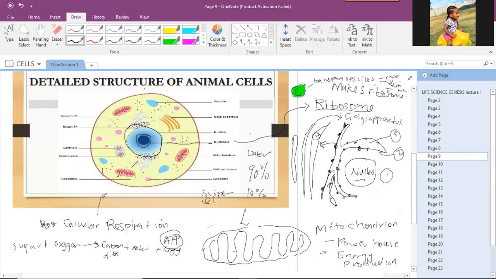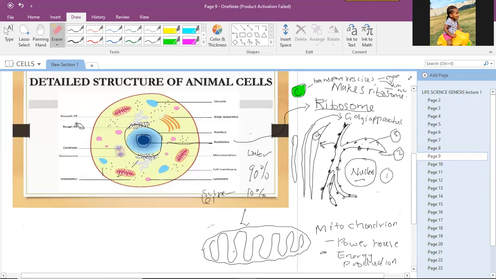So let's talk about where there is a rough endoplasmic reticulum, there is a smooth endoplasmic reticulum. So something known as smooth endoplasmic reticulum. They say it is smooth because there are no ribosomes on its surface.